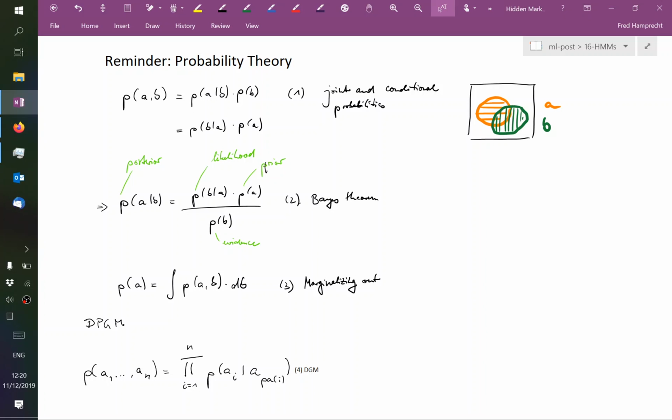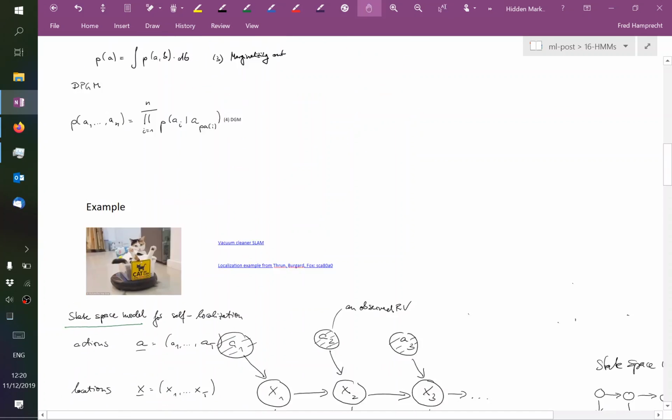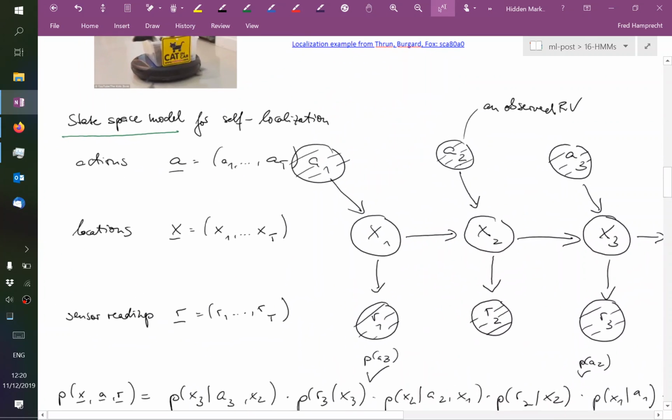Yeah. Isn't it more realistic to assume that our actions depend on the previous measurement? The question is, is it not realistic to assume that the actions depend on the measurements? Yes, very much so. And here I have simplified things by saying the actions just fell from the heavens and in addition were observed.